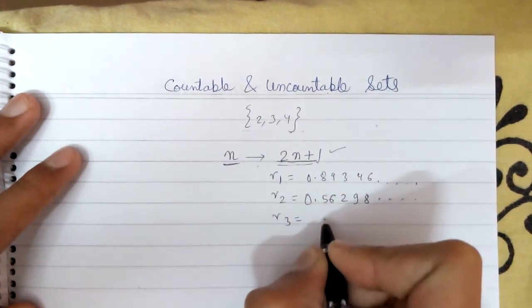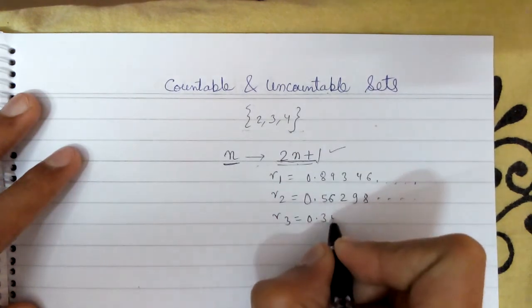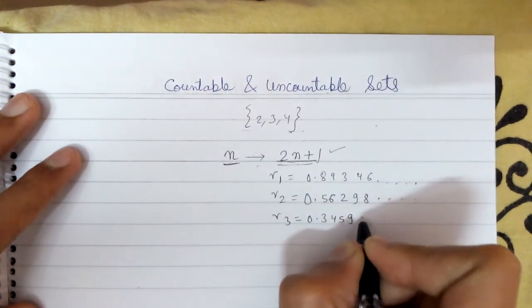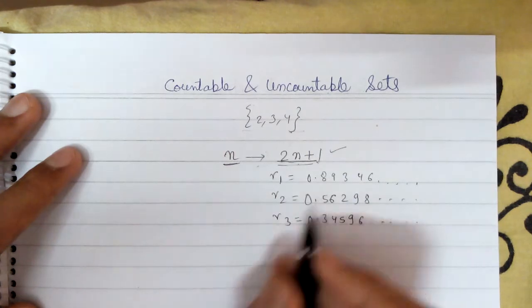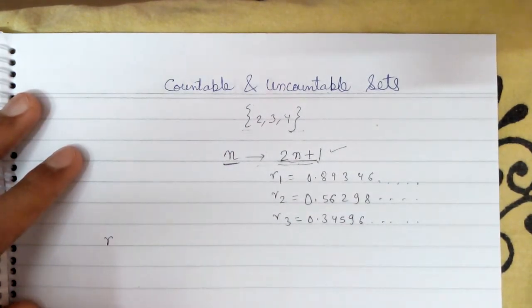R3, the integer 3, is mapped to 0.34596, and so on.